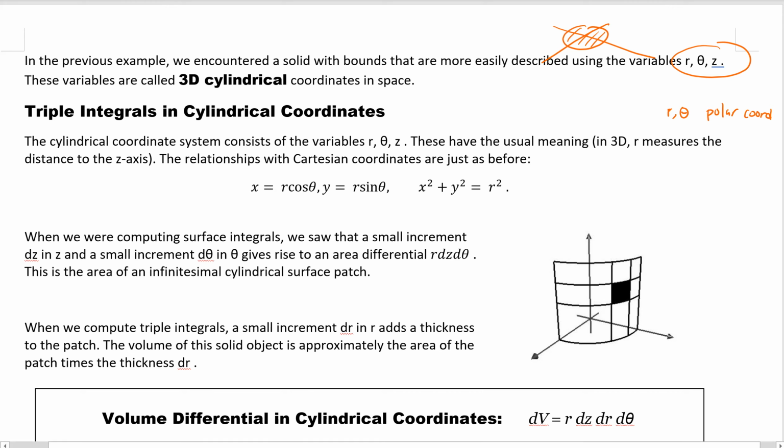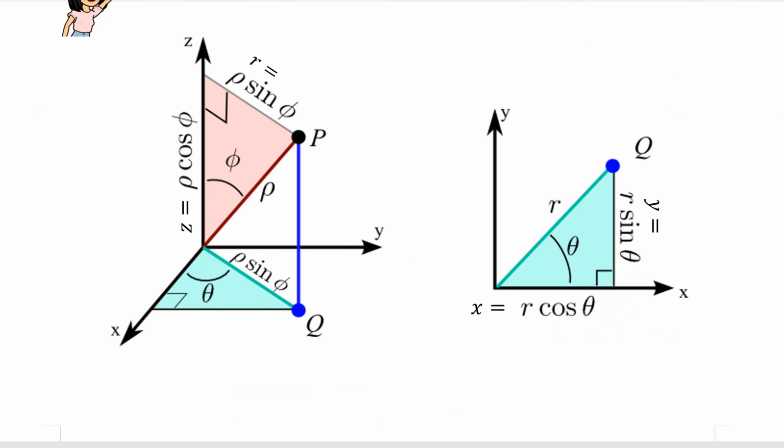Okay. So on my other handout, I have this picture. For any point P, r is the distance from the point to the z-axis.